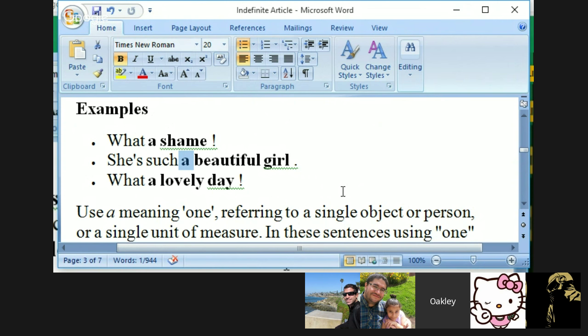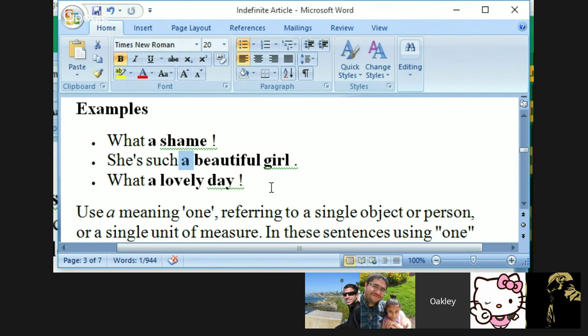Such is always followed by a noun combination, a beautiful girl. And so is always followed by an adjective. She's such a fool. She's so stupid. Like that. It's just the only purpose, Carlos, is to show emphasis.